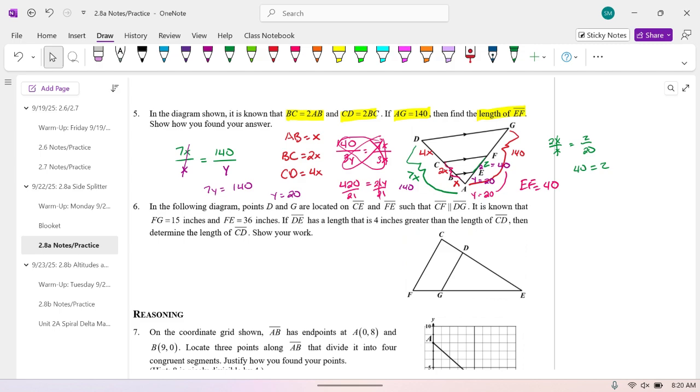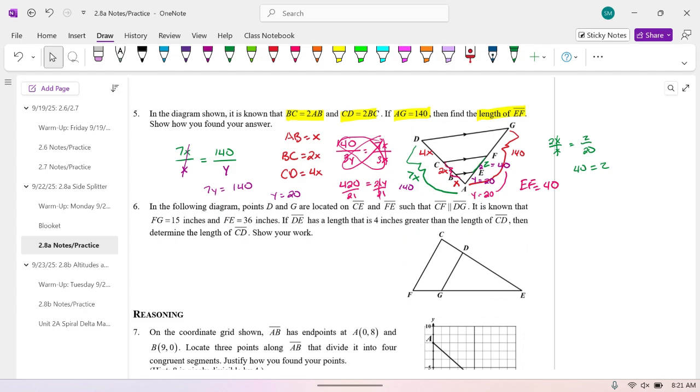Then I can do a second side splitter between AC and AF and then AB and AE. So I'm going to call EFC. I would have to do 2x over x, which is AC over AB, set equal to, let's say, c over, and we know that this is 20.